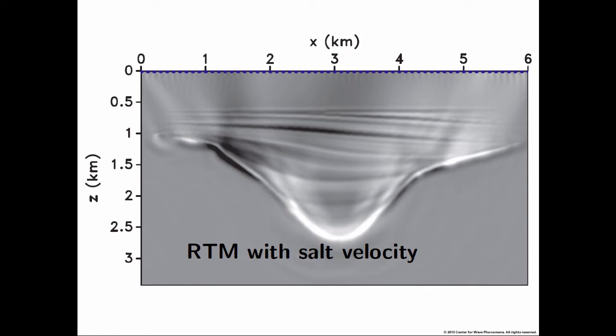You can see that the backscattering changes throughout the sediment section, and this is an indicator of the velocity error. So if you introduce a top of salt event and then you do RTM and you see this change of the RTM backscattering, this is an early indicator that either the top of salt is wrong or the sediment velocity is wrong.